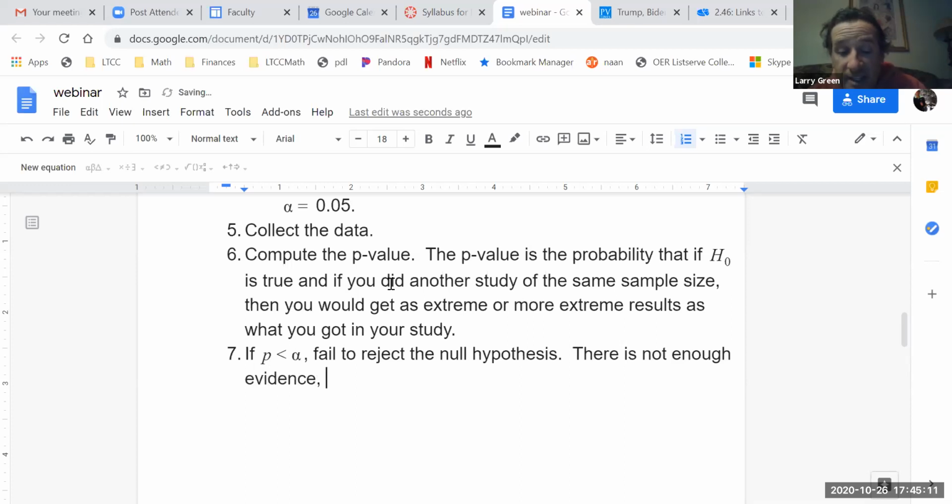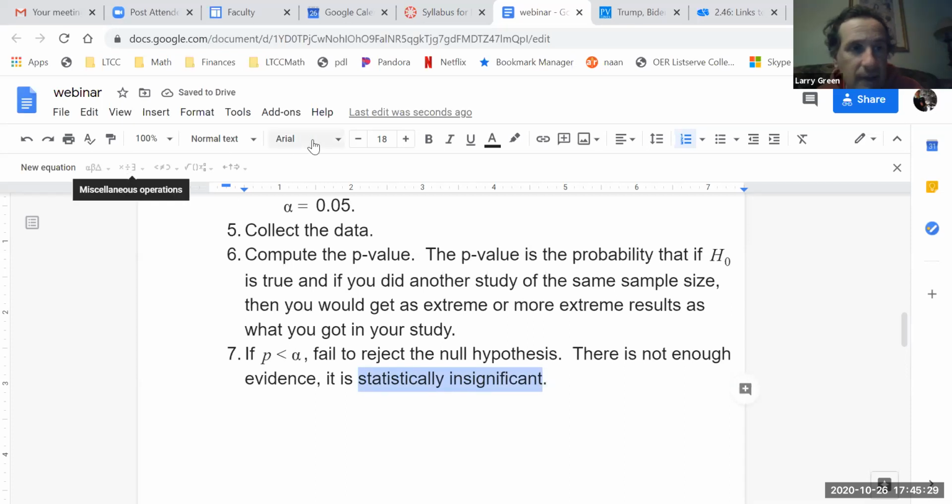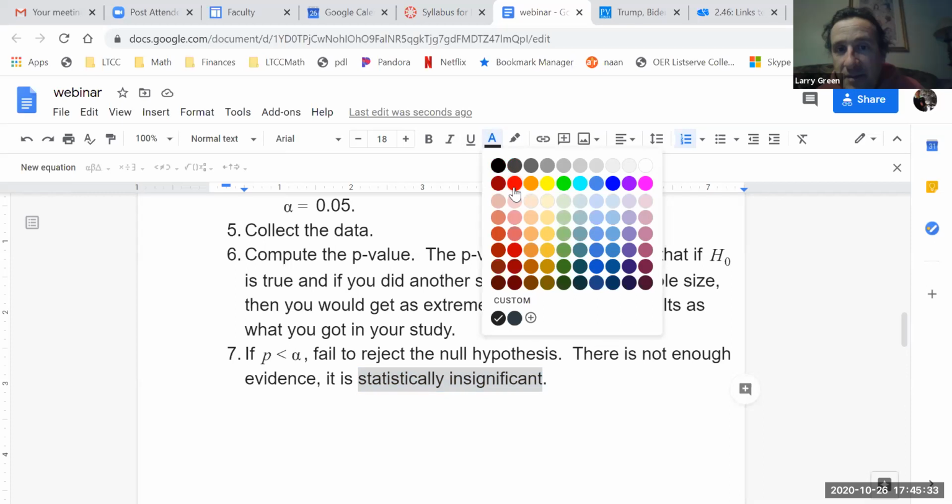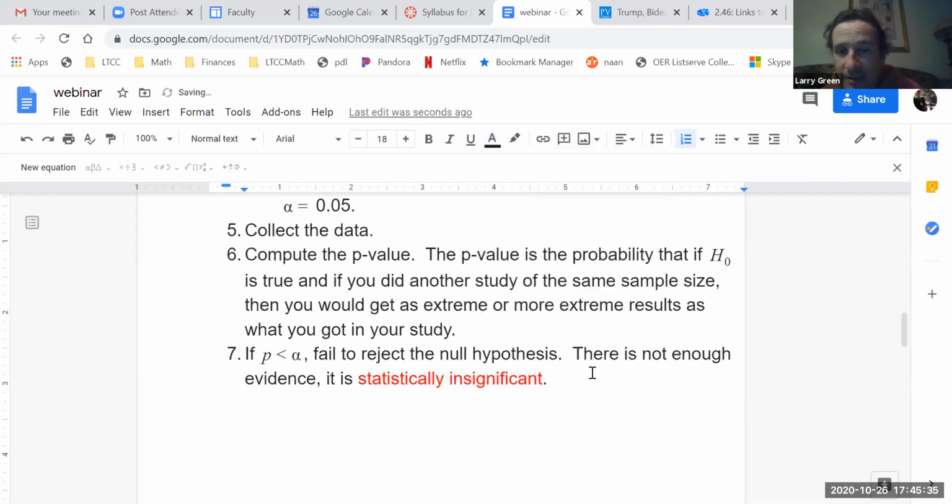That is, it is statistically insignificant. I'm going to highlight that because that's very important. We're going to be using those words a lot. So if you have a small p-value, then we have statistically insignificant data.